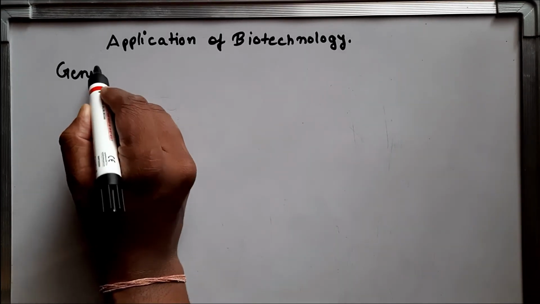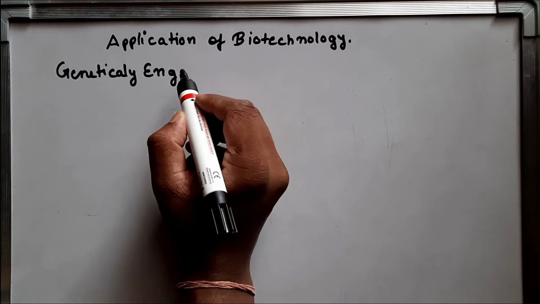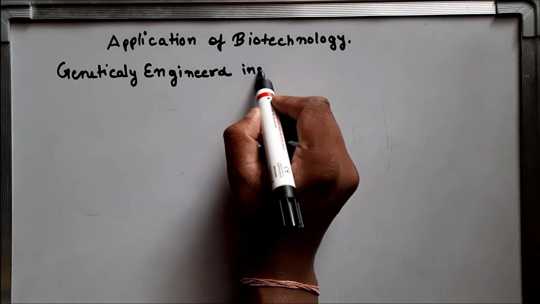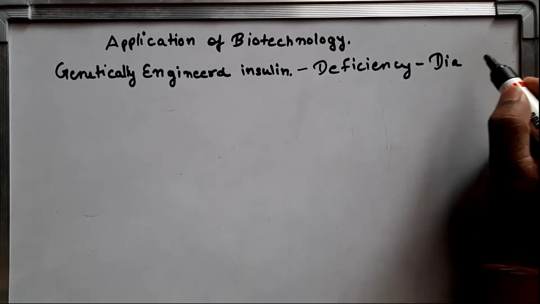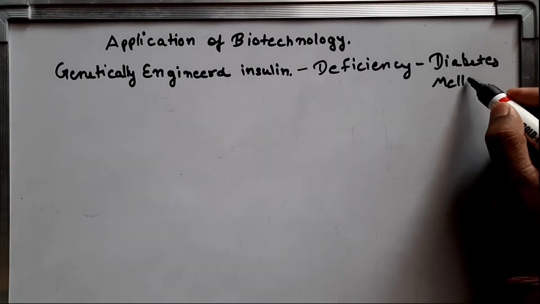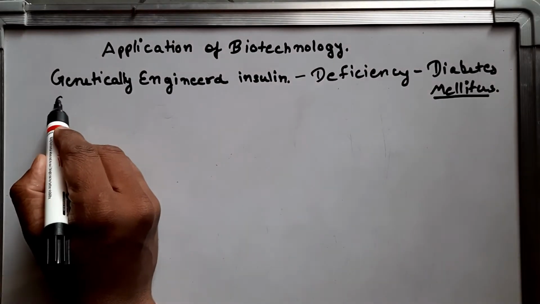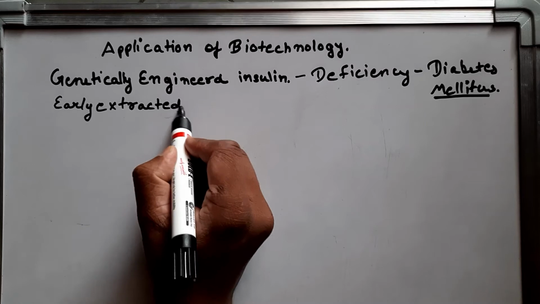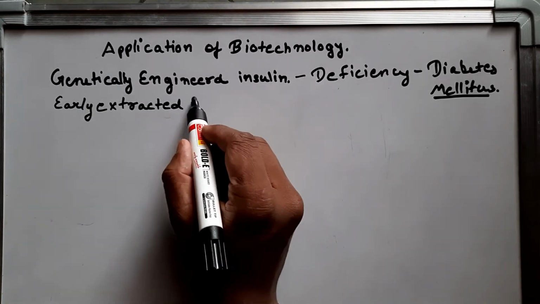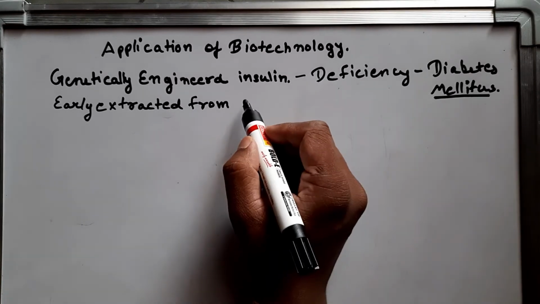Genetically engineered insulin. Due to the deficiency of insulin, diabetes mellitus occurs to the people. For the treatment of this disease, in earlier time, insulin was extracted from the pancreas of cattle and pigs. This is because in earlier time biotechnology was not developed well.